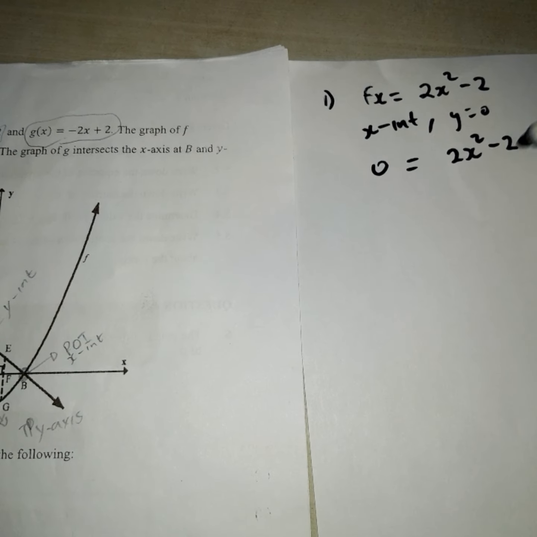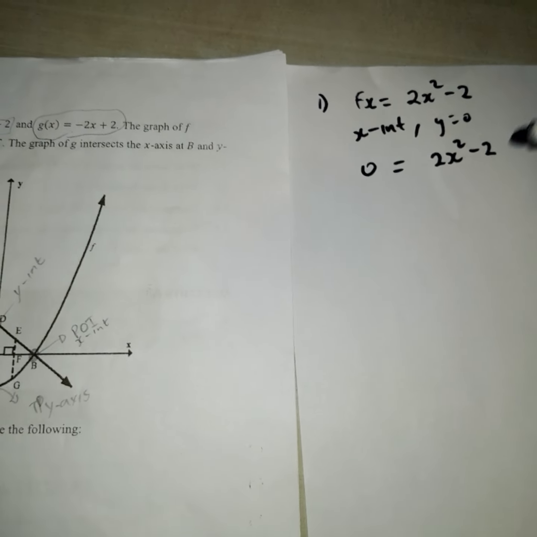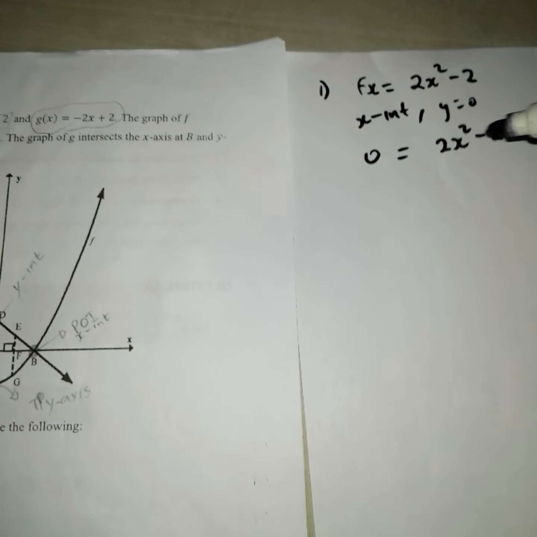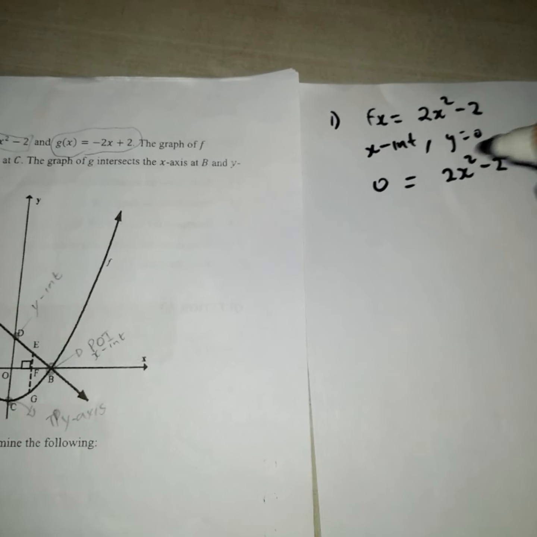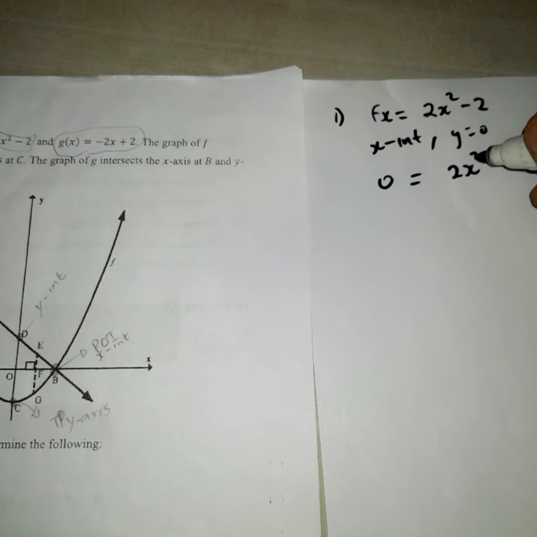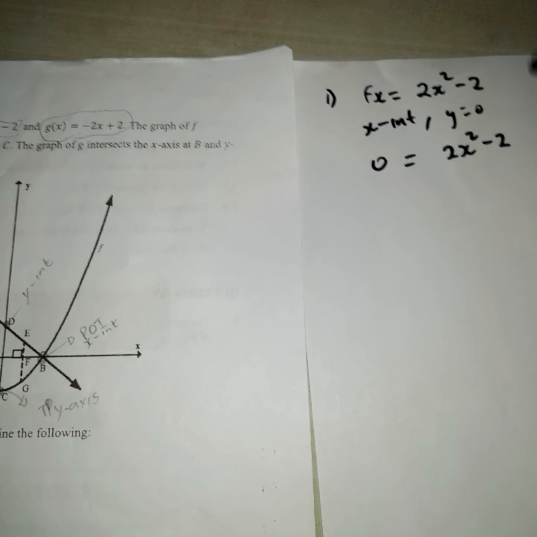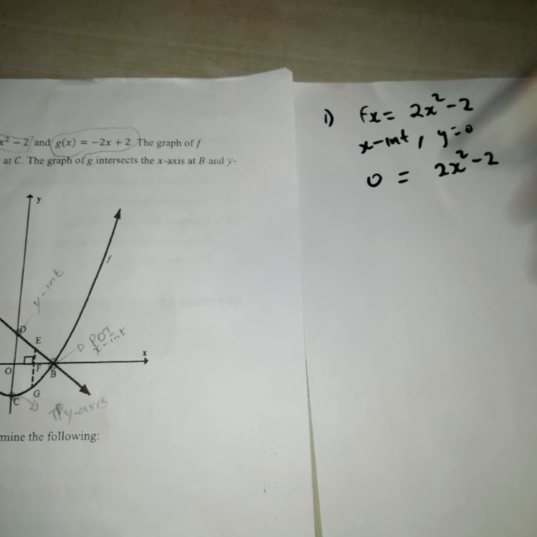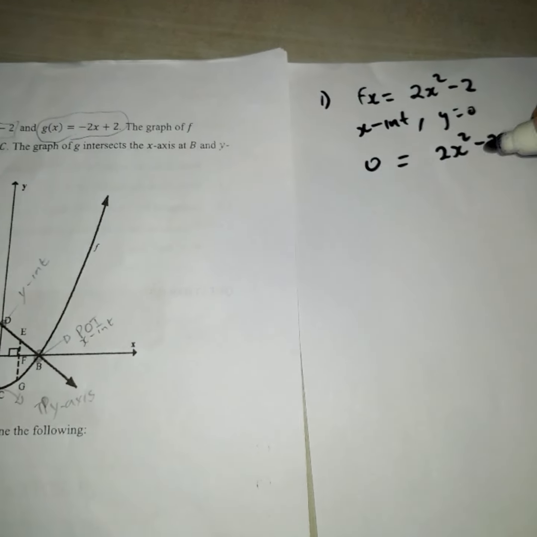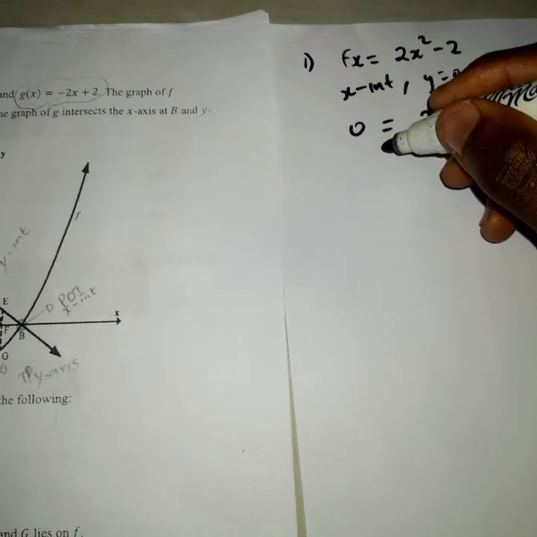2x squared equals 2. So how will we deal with this? Remember, since it's a quadratic equation and there are two values of x, we can still do this. I'm going to show you. We can do this first.